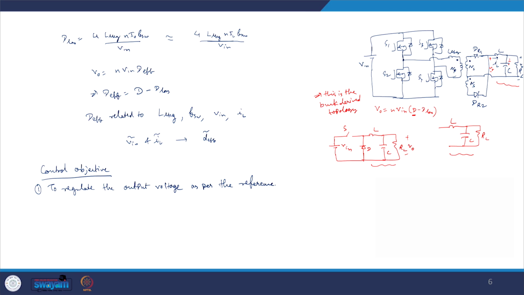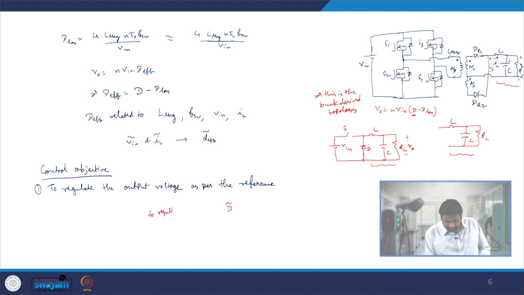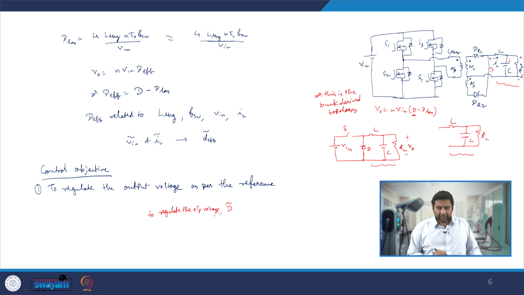So here, the moment you change the duty ratio to regulate the output voltage, your IL changes, and since your IL changes, your V naught also changes.